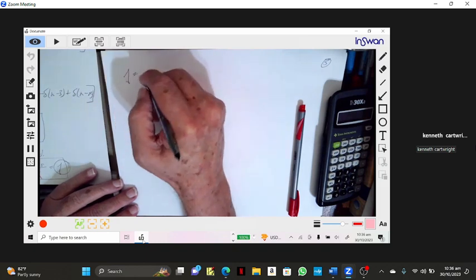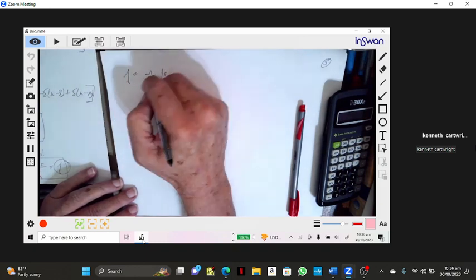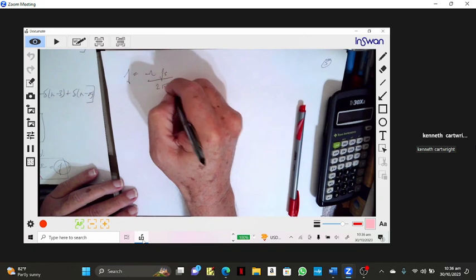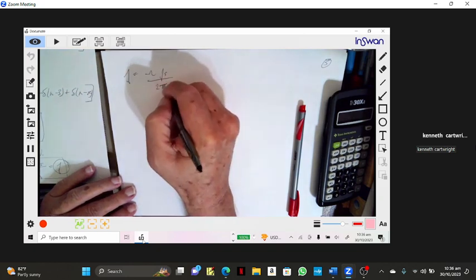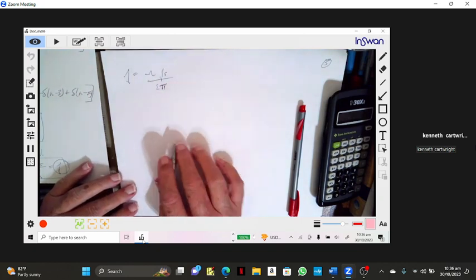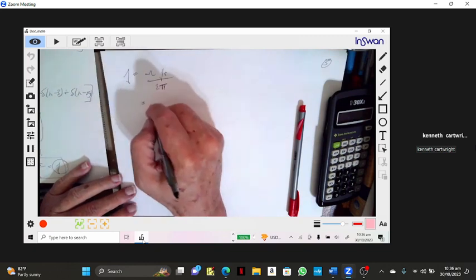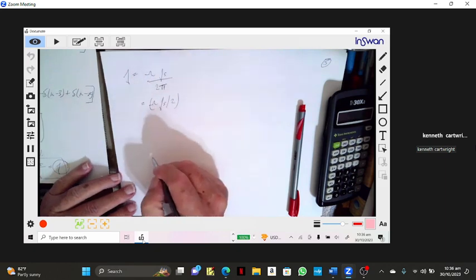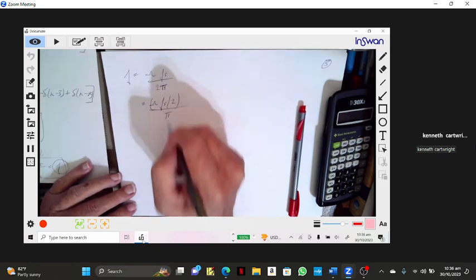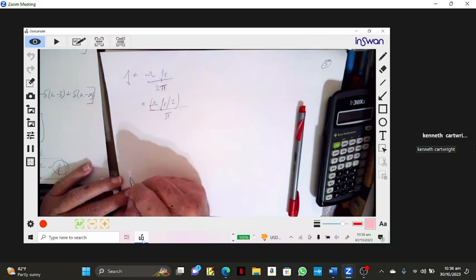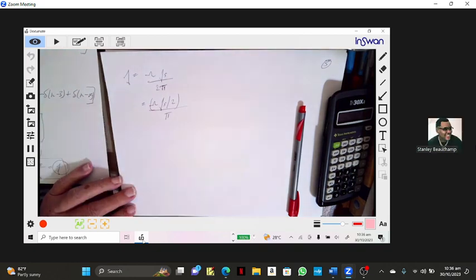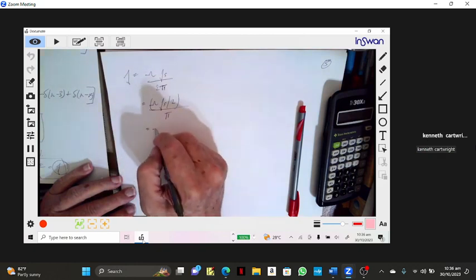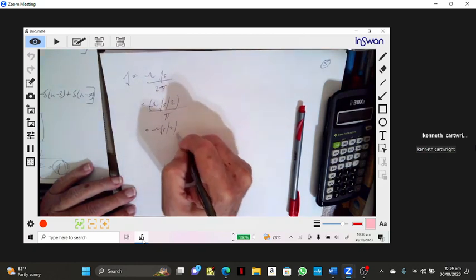F equals omega fs divided by 2 pi. So this means omega fs divided by 2 divided by pi, doesn't it? Yeah. Well, that's all I did, except I wrote it inline. Omega fs divided by 2 divided by pi.